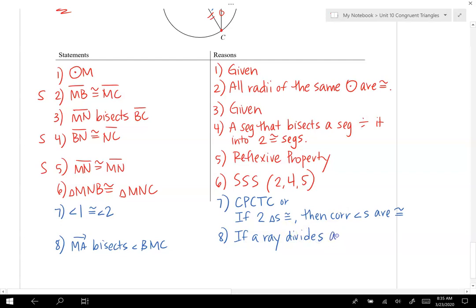If a ray divides an angle into how many parts? Well, 2, right? Into 2 congruent angles, then it bisects that angle. And then that's it. That is it. The definition of having a bisected angle.